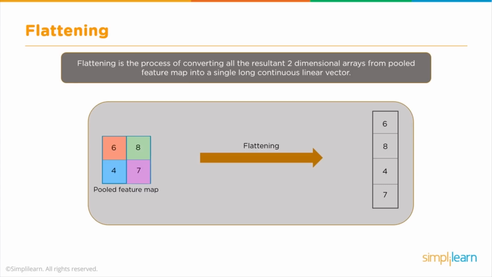So the next step is we want to reduce those dimensions, or flatten them. So flattening. Flattening is a process of converting all of the resultant 2-dimensional arrays from pooled feature map into a single long continuous linear vector. So over here you see where we have a pooled feature map. Maybe that's the bird wing, and it has values 6, 8, 4, 7. And we want to just flatten this out and turn it into 6, 8, 4, 7, or a single linear vector.